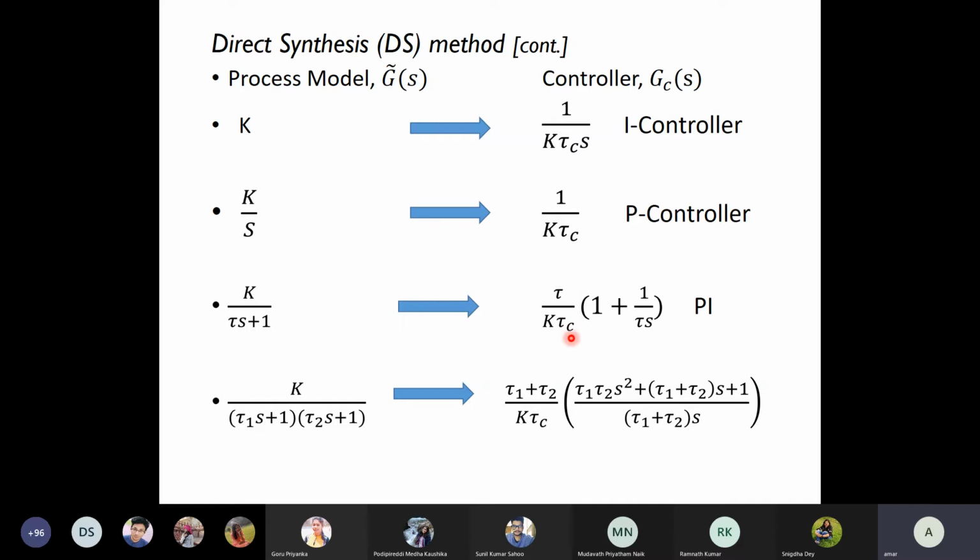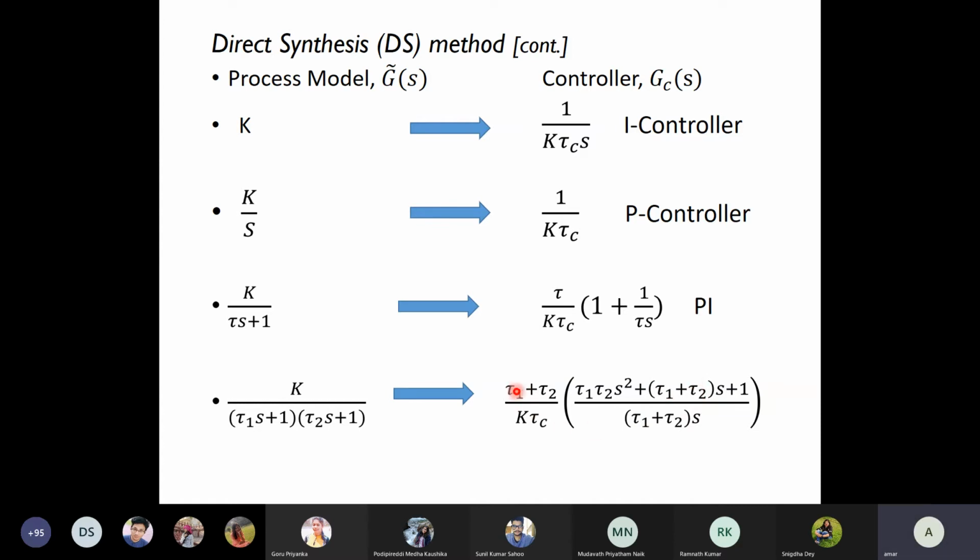The proportional gain, tau by k tau C, is a function of only the tuning parameter tau C, and the integral time constant is the time constant of the process. For a second order system, I will have a PID controller. Here also, the integral time constant is given by tau1 plus tau2.